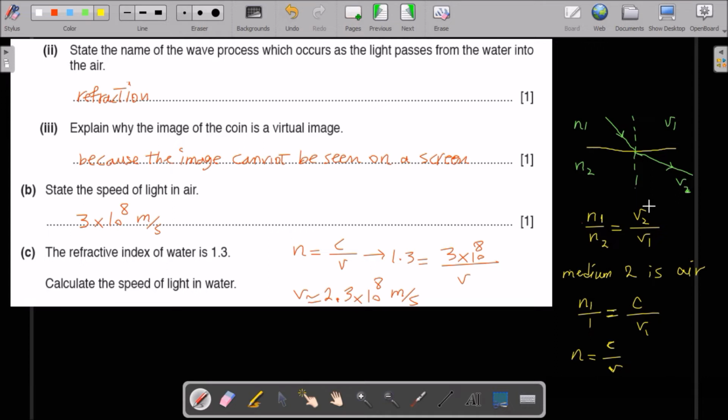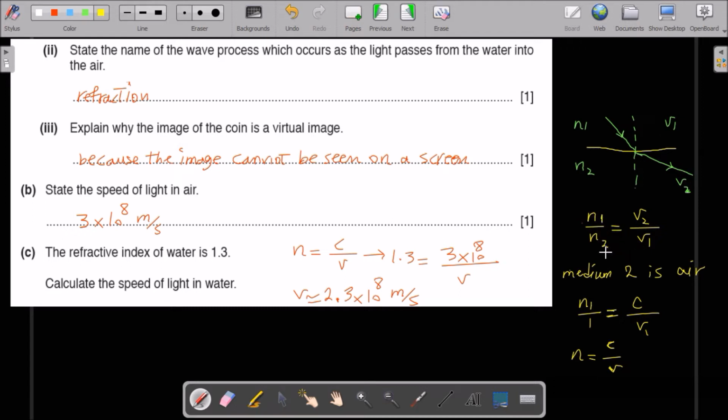To know more about refractive index, I proved that refractive index is inversely proportional to the speed of light in that medium. So suppose there are two mediums. One of them has N1, with velocity of light V1, and the second medium has N2, with velocity V2.